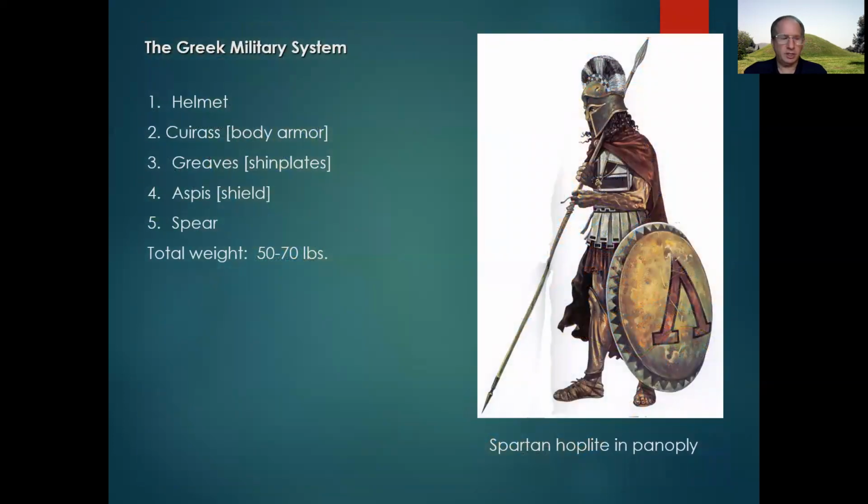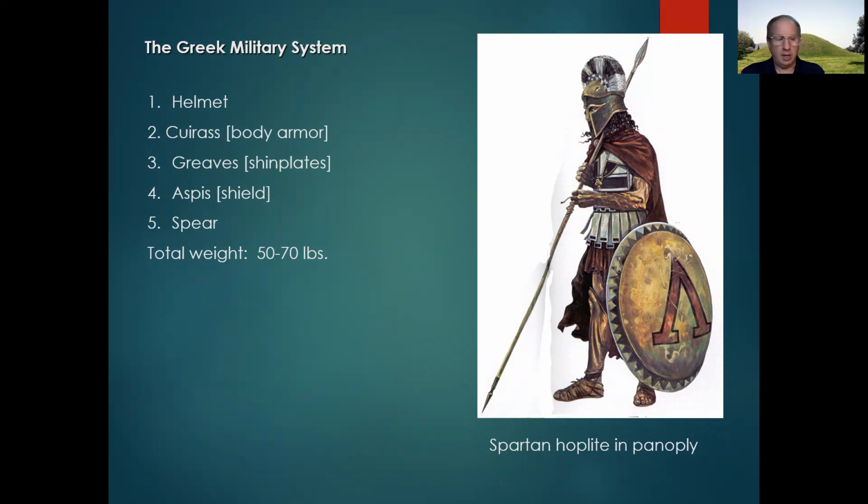The Greek military system was based on the hoplite, a heavy infantryman. Unlike armies we've already discussed, the hoplite was a member of the middle or upper class with a recognized stake in the outcome of any military conflict, and for whom military service was an obligation of citizenship, and who provided his own armor and weapon.